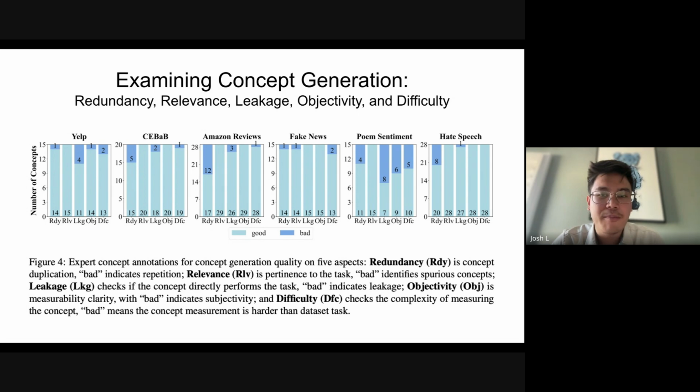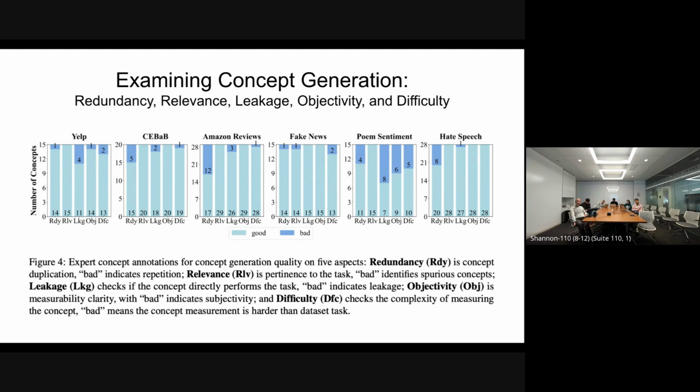Then we also measure objectivity and difficulty. Essentially, are these questions reasonable for an LLM to try and answer? Overall, we find that we don't have much issue with relevance, objectivity, and difficulty, but we do run into issues with redundancy and leakage, with redundancy being the larger issue.